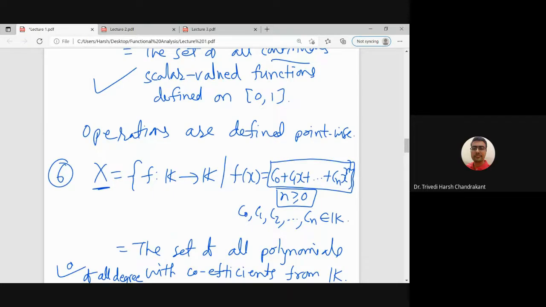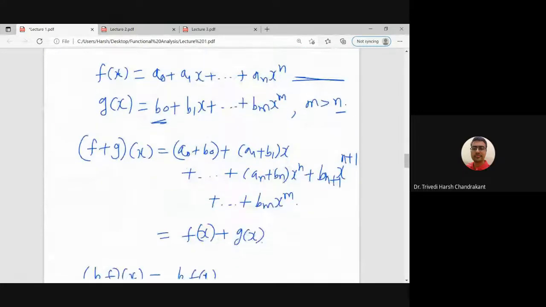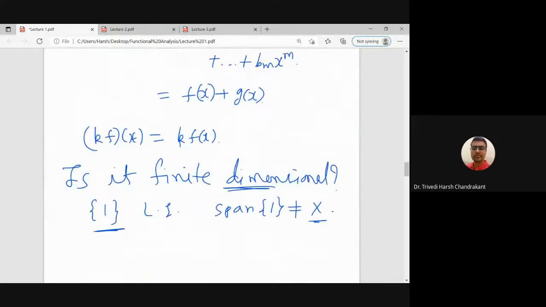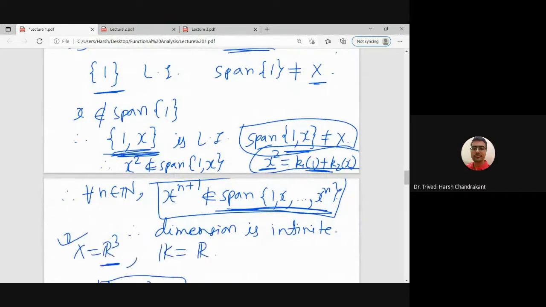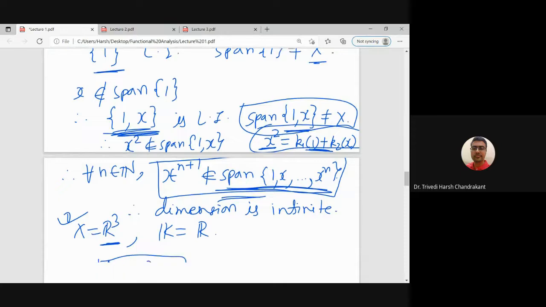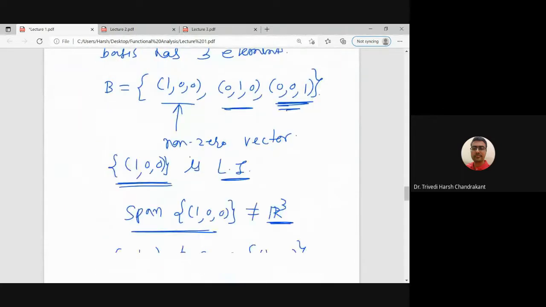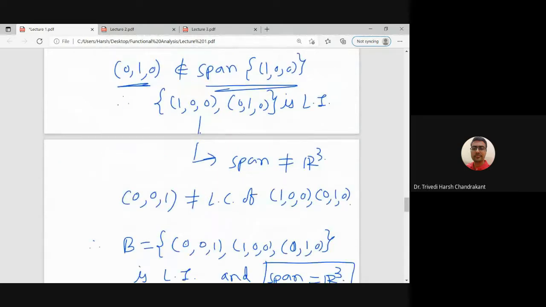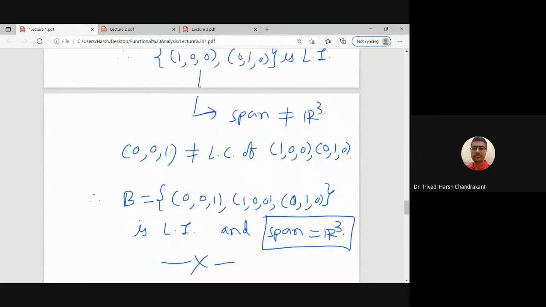and then we discussed that the set of all polynomials with pointwise addition and scalar multiplication is a vector space, and we discussed some idea of why it is infinite dimensional. So this basis which we discussed in linear algebra is known as Hamel basis.